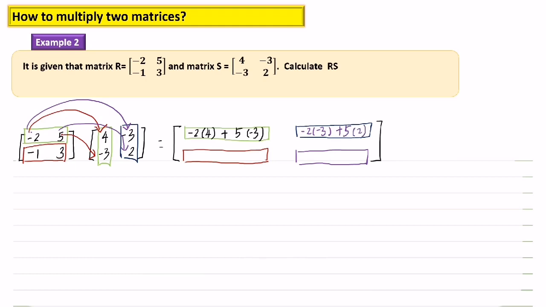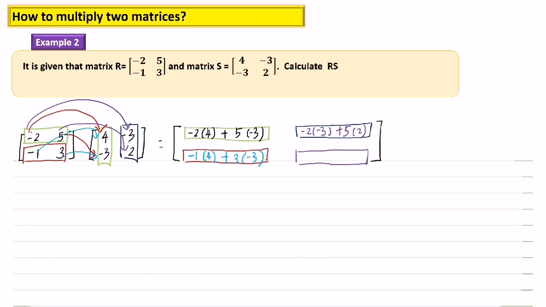Now we proceed with the second row. Second row times the first column: negative 1 times 4 plus 3 times negative 3.